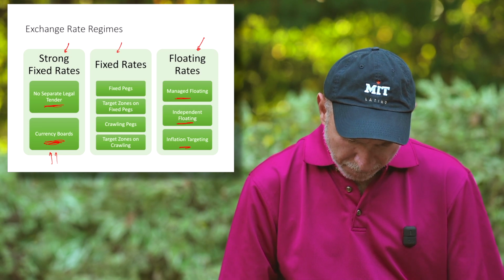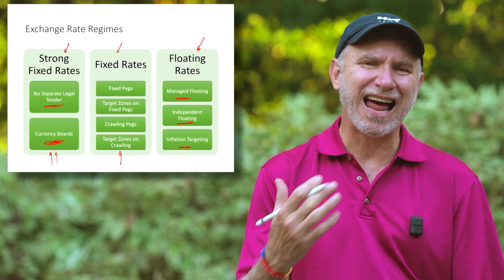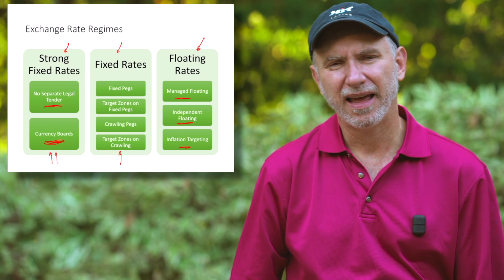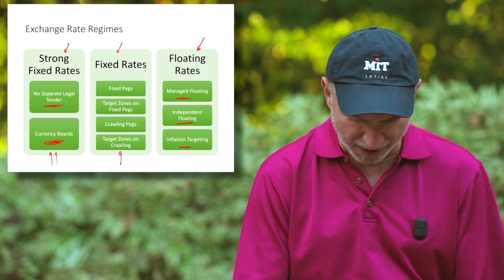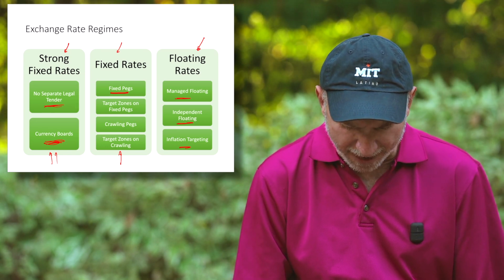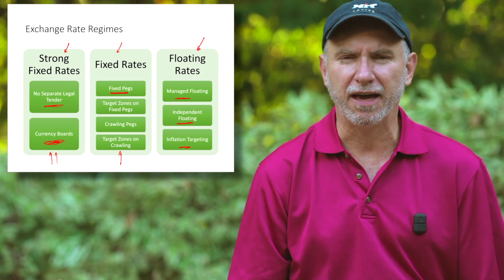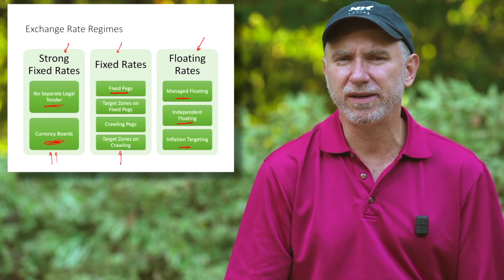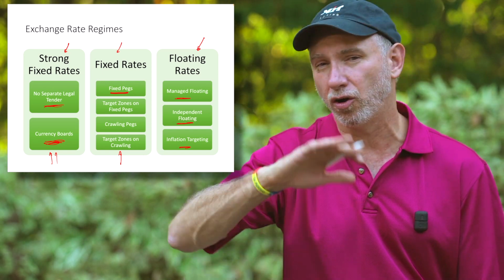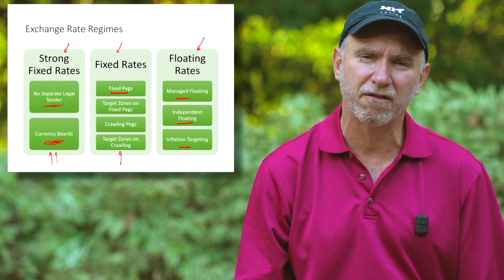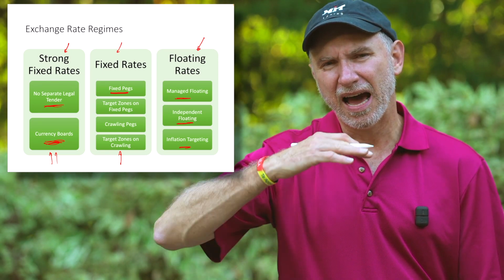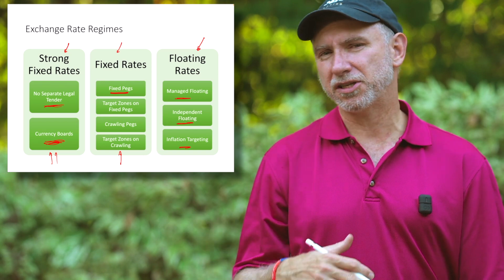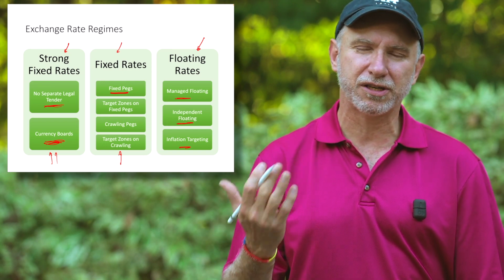The fixed rates in the middle allow some fluctuation, but in a predictable manner. So for example, with fixed pegs, the exchange rate will be fixed. That is the case between Saudi Arabia and the United States. Actually, all the Middle Eastern countries and the US have kind of fixed rates. And there's a promise, but there's no legal restriction.